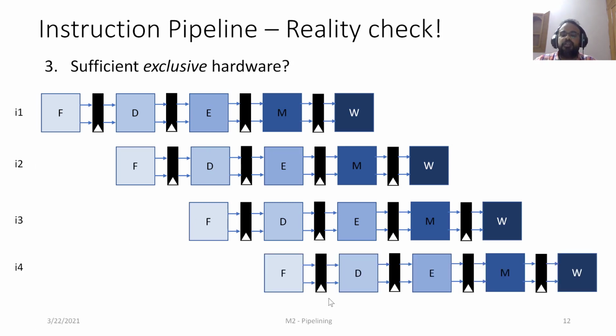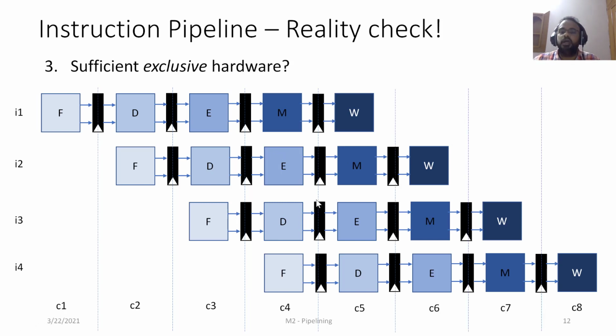and so on and so forth. In the fourth cycle, we are going to see that I4 will be fetched, I1 will be in the memory stage, I2 will be in the execute stage, and I3 will be in the decode stage.